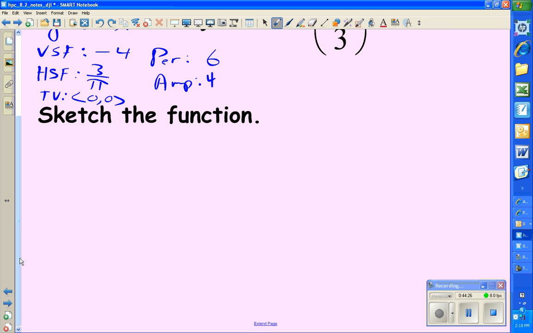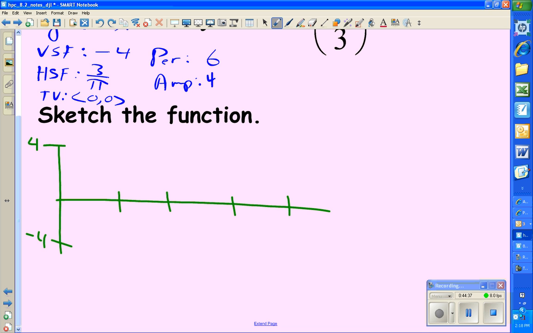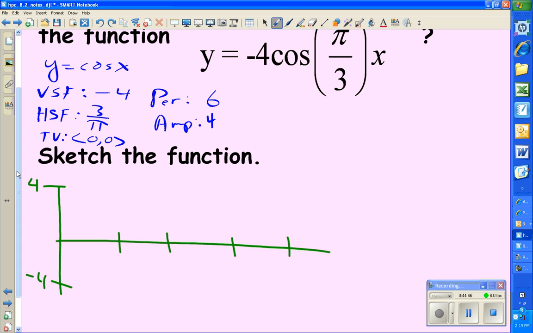For me, again, I just, 4, negative 4. Slice, slice, slice. How far out? All the way. Can you see it? What's this going to be? 6.